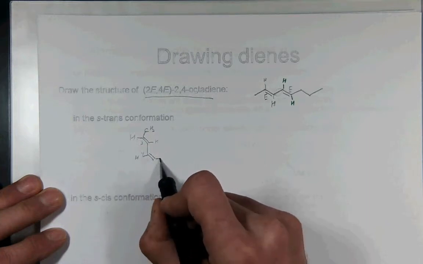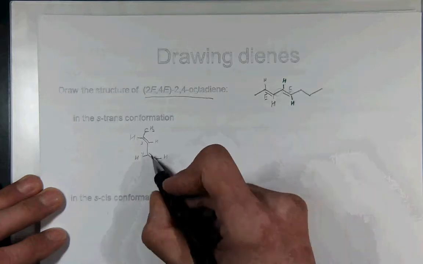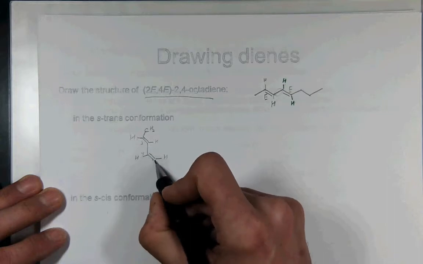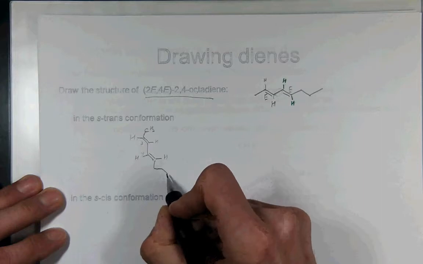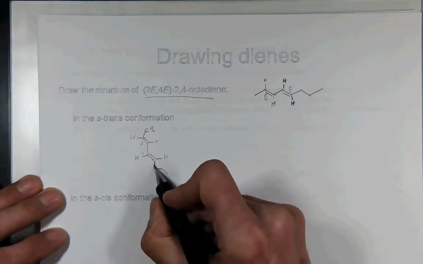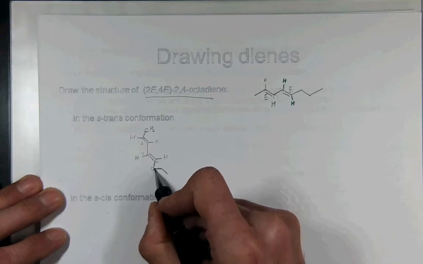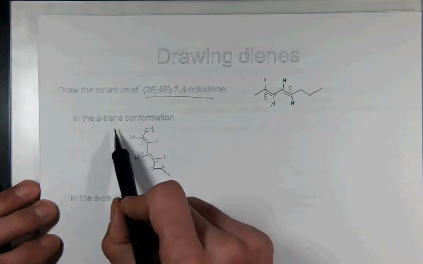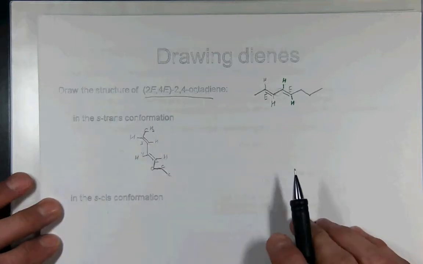That means we have to have the other hydrogen coming off this way, so they're on opposite sides. And then the rest of the molecule is carbon 5, 6, 7, 8. Okay. So this is 2,4-octadiene in the S-trans conformation.